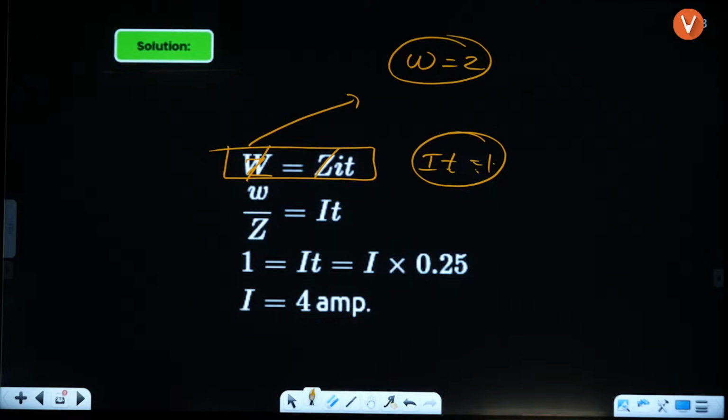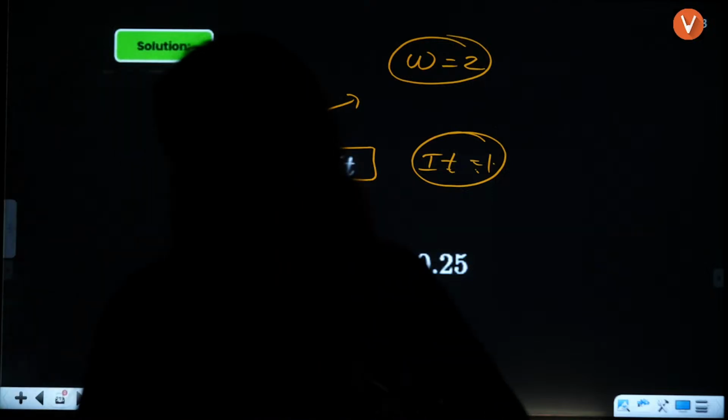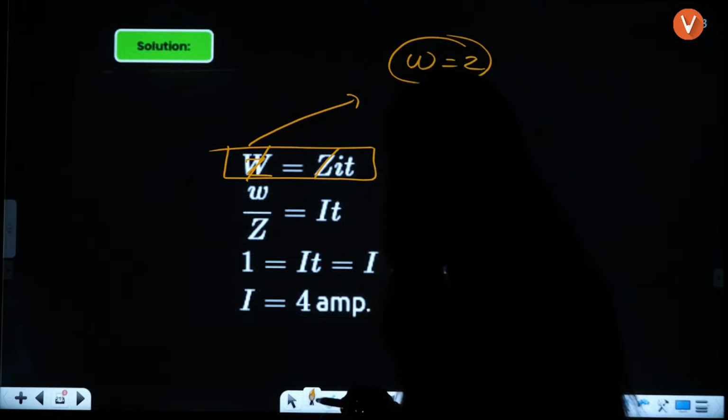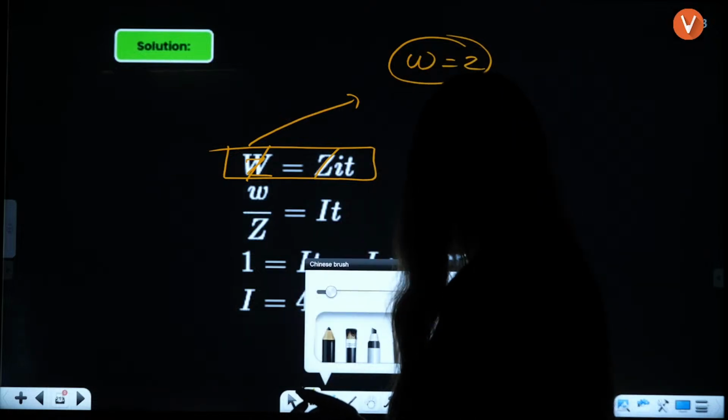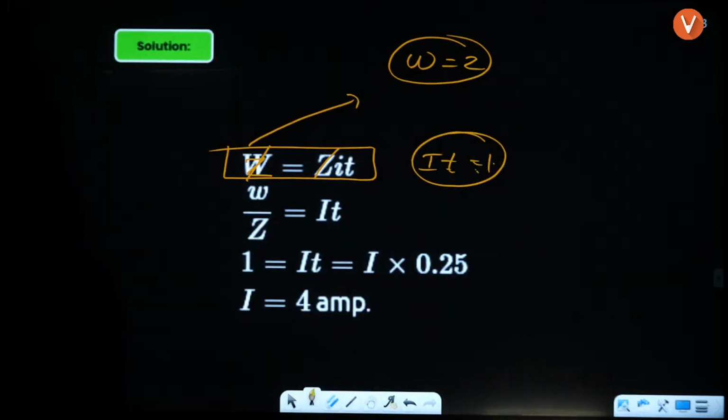Ma'am, electricity gone. Yeah, electricity gone. So sad about it. Chalo, let's see what we can do here.